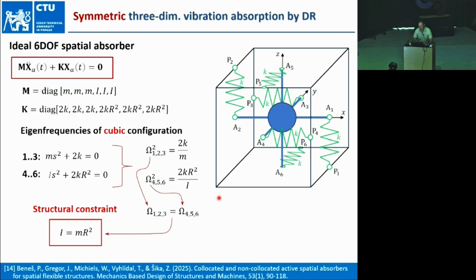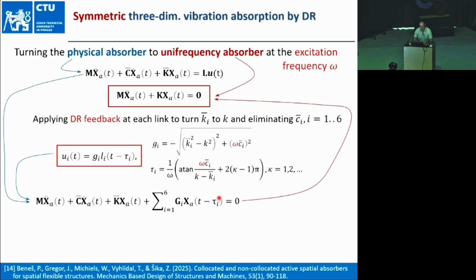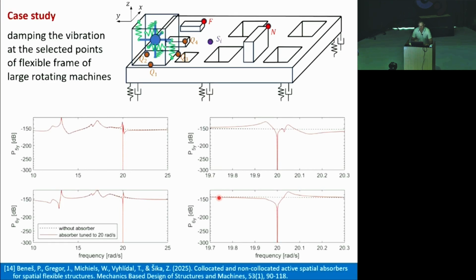So this is the next challenge, to validate the results for 3D vibration suppression experimentally, which will be a real challenge. Okay, so by simulations we not only tested it on some artificial or academic problem.